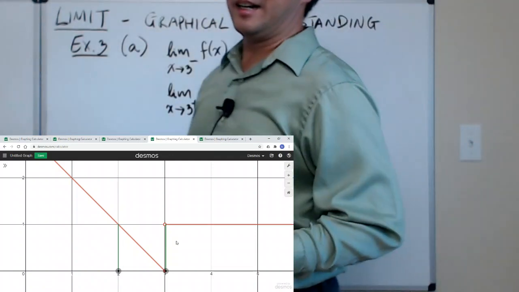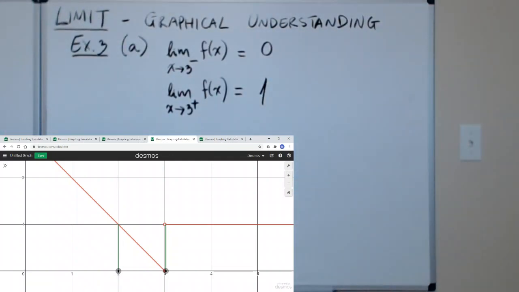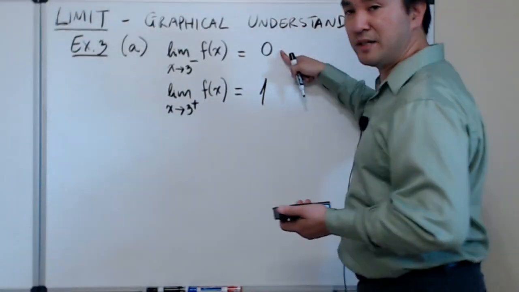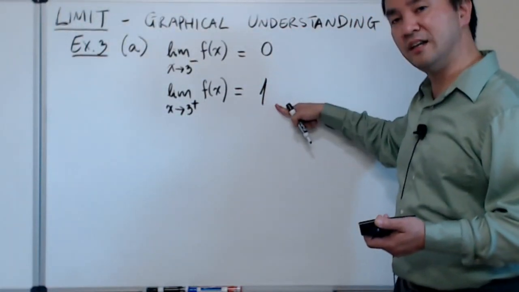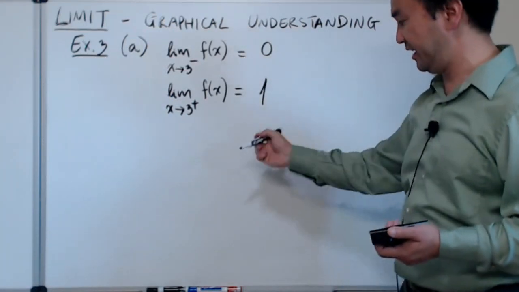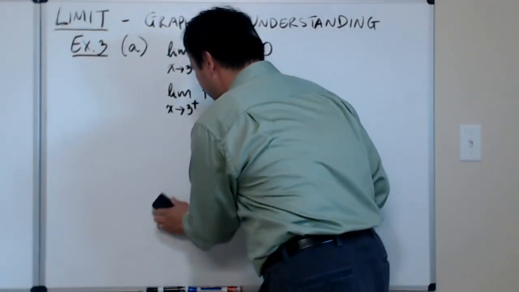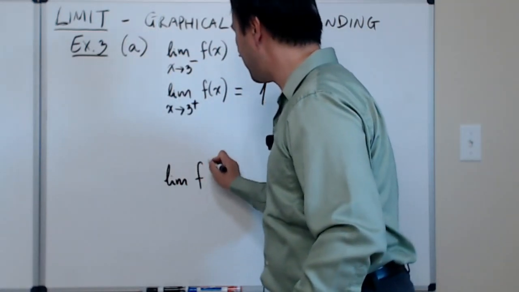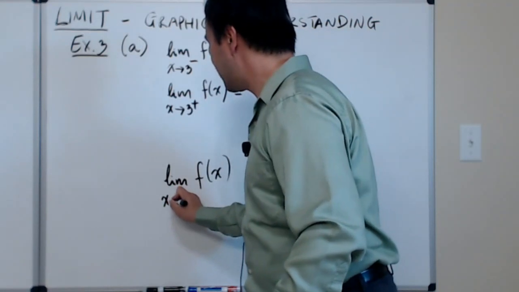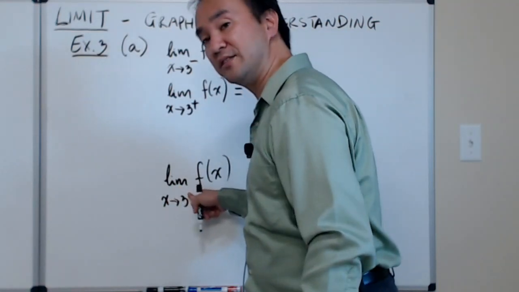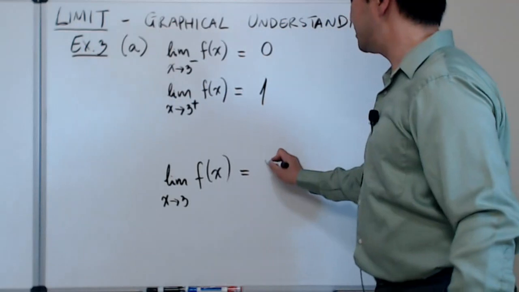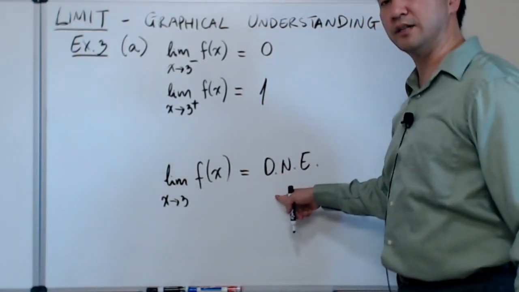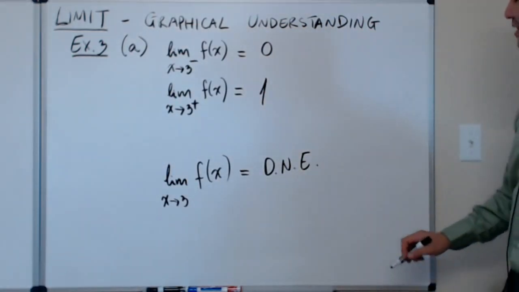The left-hand side limit and right-hand side limit did not agree in this case, and that was the reason why in my earlier lecture I was saying that the limit for our function, generally when x came to 3 from both sides, was DNE, which stands for does not exist.